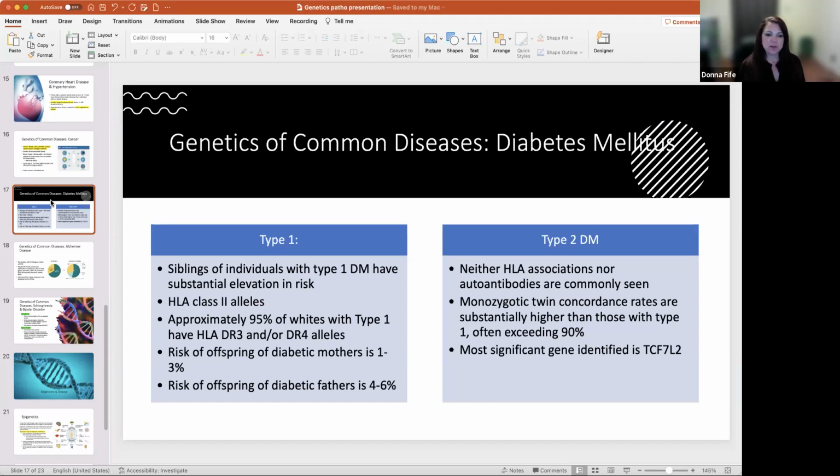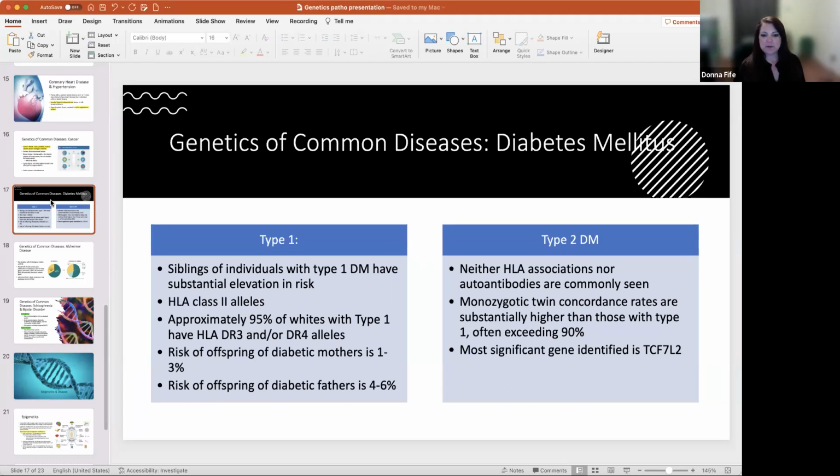The risk of offspring of diabetic mothers is 1 to 3%, and the risk of offspring of diabetic fathers is 4 to 6%. Now with type 2 diabetes mellitus, neither HLA associations nor autoantibodies are commonly seen.